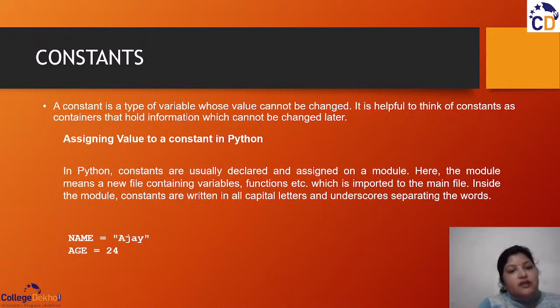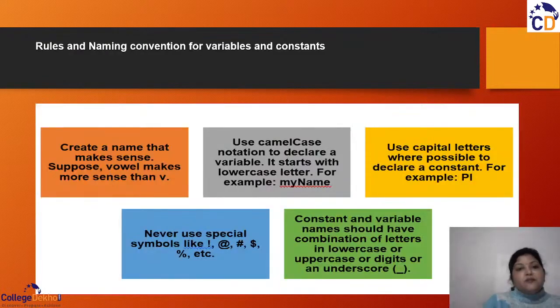So when you are defining the constant, you may take the name in capital letters. Suppose I am taking the variable name, that is NAME, and they all are written in capital letters. So they may be stored as constant.